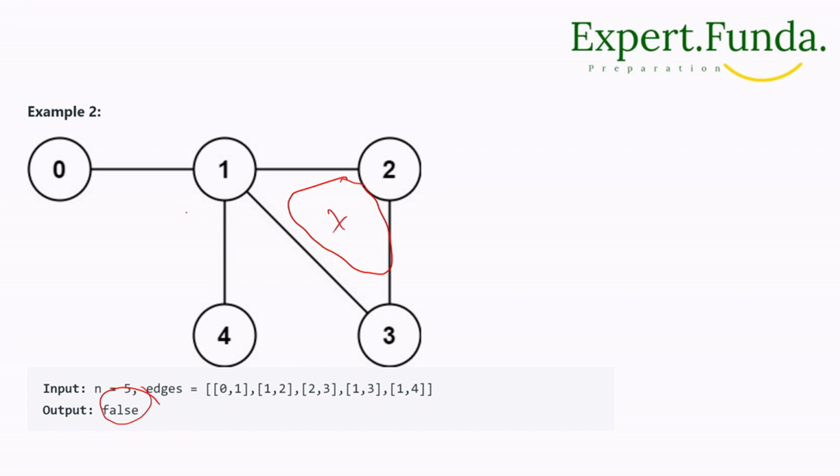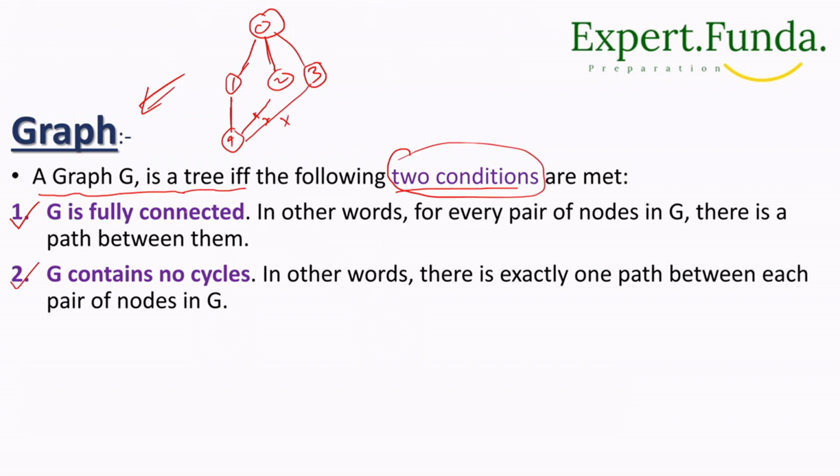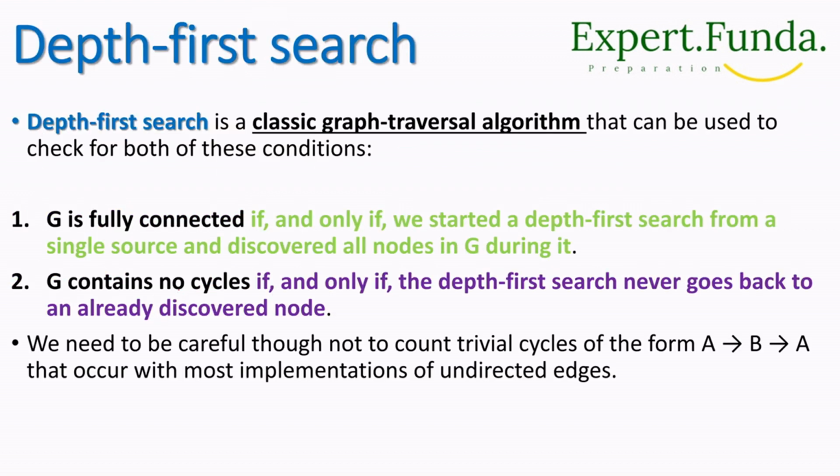Got it? Now we have understood the graph. A valid tree should satisfy two conditions: the graph is fully connected, and it has no cycle. Now think about depth first search, a classic graph traversal algorithm.